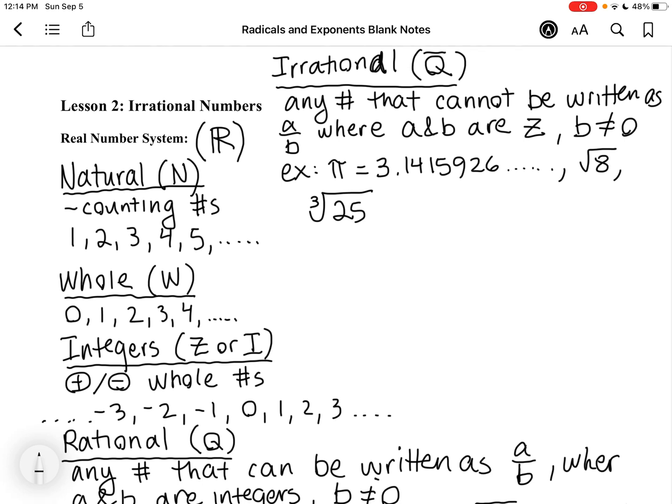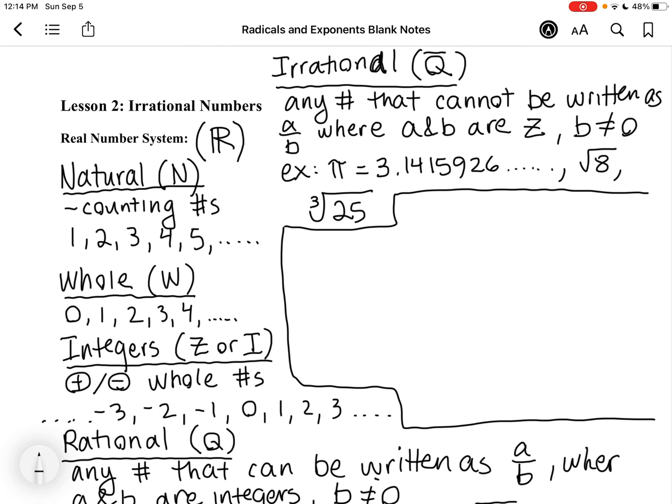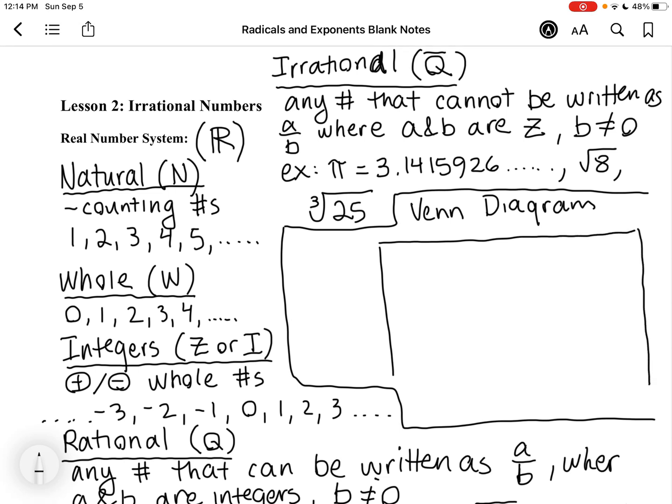All right. Now, I told you guys that we were going to organize these into a Venn diagram. I'm just going to clear this space here. Okay, so here's our Venn diagram as to how these all fit together. Our Venn diagram is going to be this box, and this box is going to represent the real numbers.